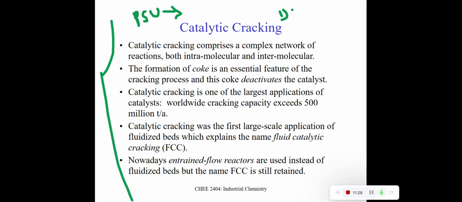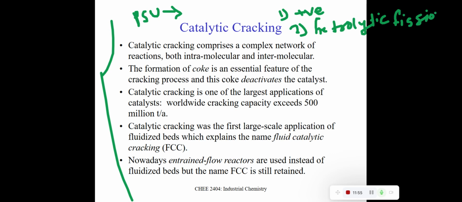These proceed through the carbocation process, which occurs by heterolytic fission, and it breaks the intermolecular and intramolecular network of complex reactions.